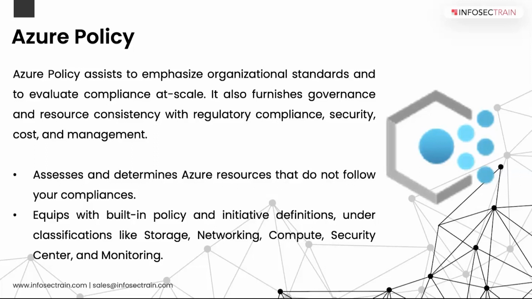For example, let's say that you want to limit the size of the virtual machine to be used in any environment, right? If you apply this policy, what will happen if someone is creating a virtual machine, they can only select that particular size. Like I'm limiting that only B2MS or D2SV3 or your B1MS you can choose in the size.